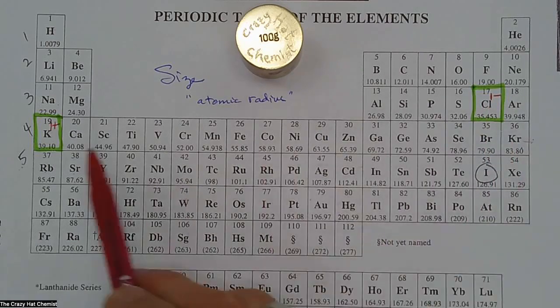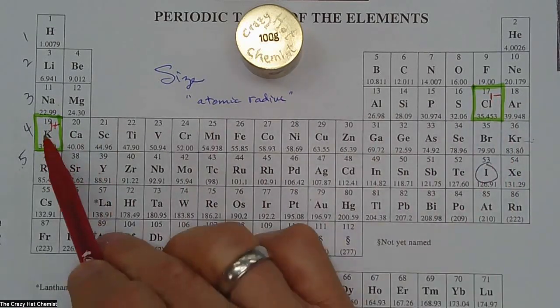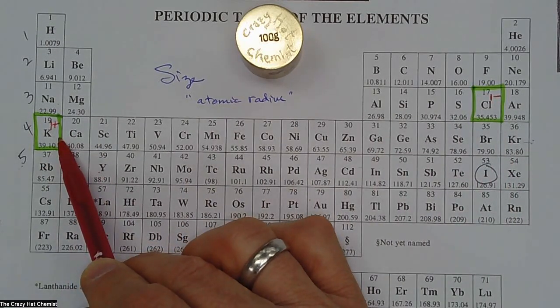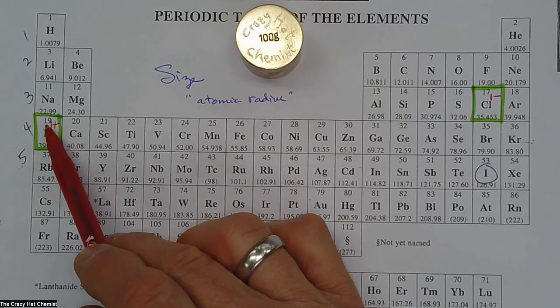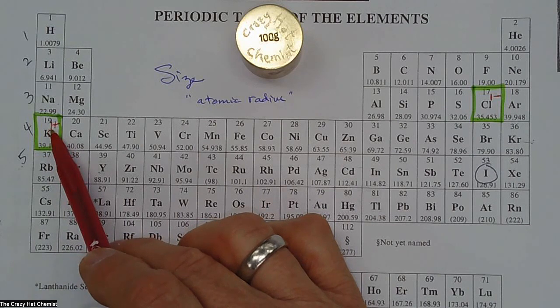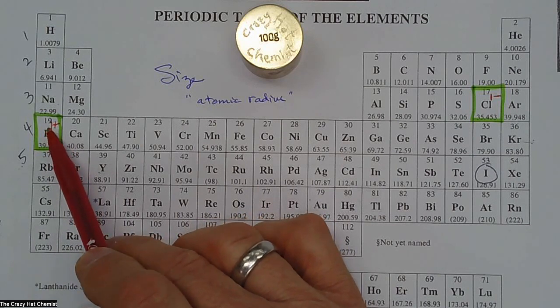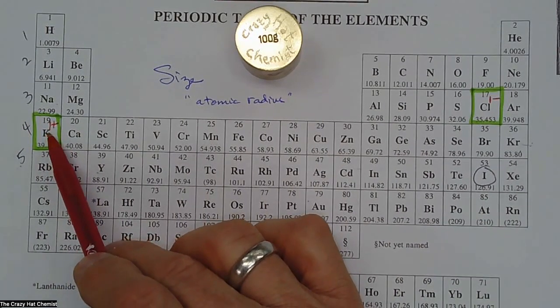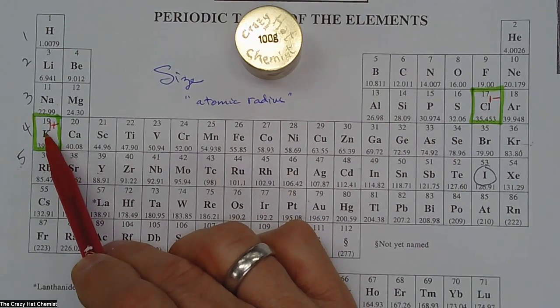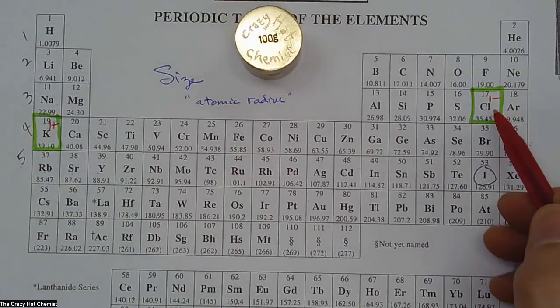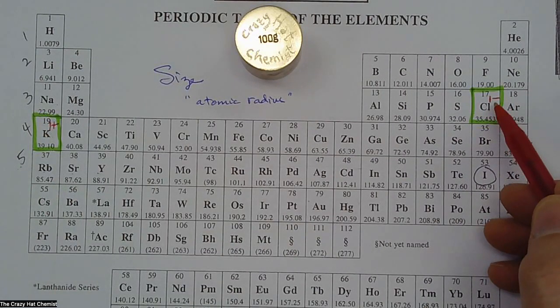And these two are actually going to be very, very special because potassium, when it loses an electron, will now have 18 electrons, but it has 19 protons. So it's going to draw in those electrons because there are fewer electrons than protons, so it's going to get smaller. Chloride ion is going to gain an electron, so it's going to have 18 electrons.